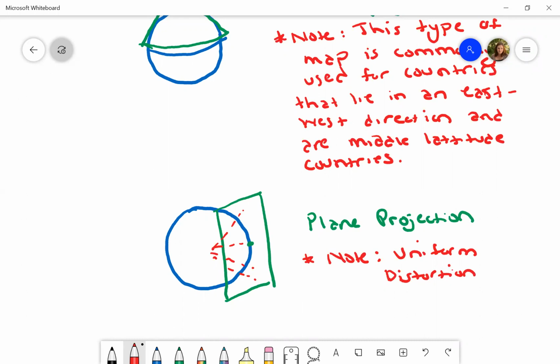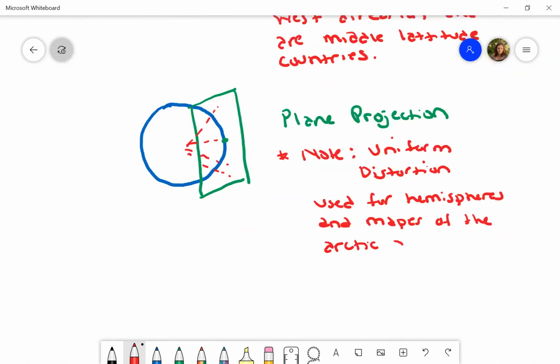And they're often used for hemispheres and the poles, and maps of the Arctic and Antarctic.